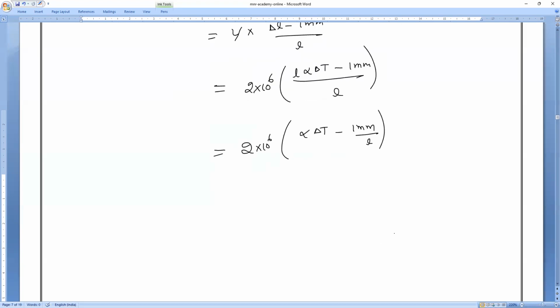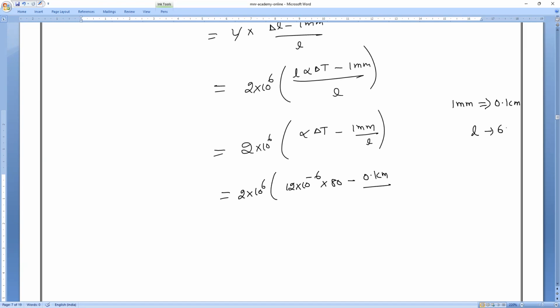Any problem for anybody? You can ask me. Okay, clear understanding everybody? So 2 into 10 power 6 into the alpha value, how much? 12 into 10 power minus 6, into change in temperature 80, minus 1 millimeter. So 1 millimeter means how many centimeters? 0.1 centimeter, divided by original length.